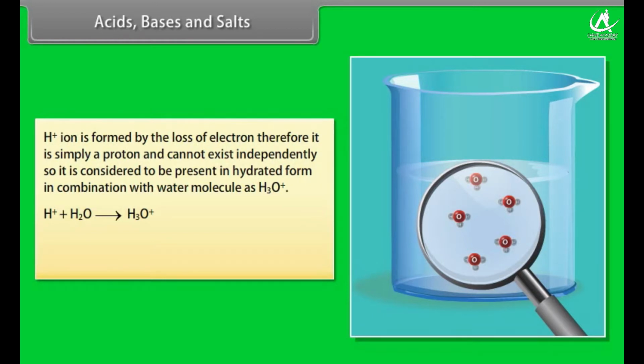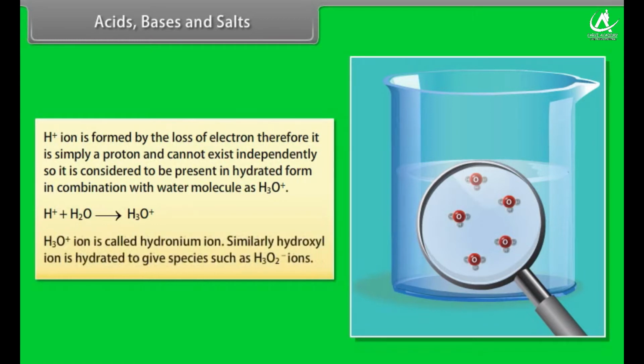So it is considered to be present in hydrated form in combination with water molecule as H3O+. H3O+ ion is called hydronium ion. Similarly, hydroxyl ion is hydrated to give species such as H3O2- ions.